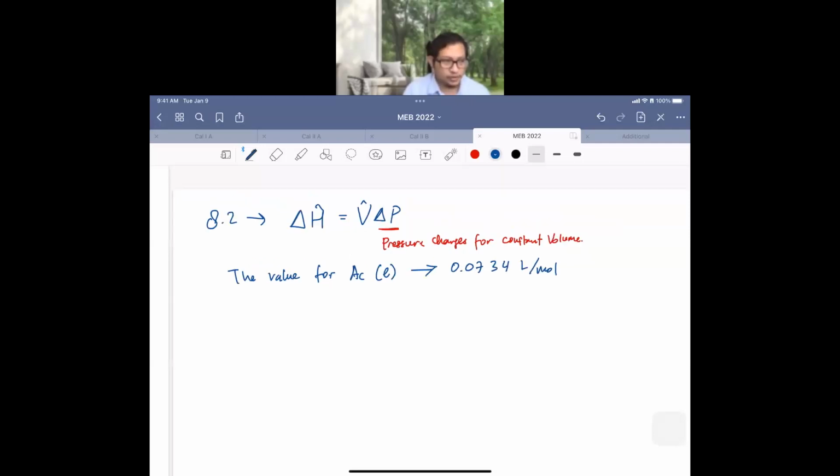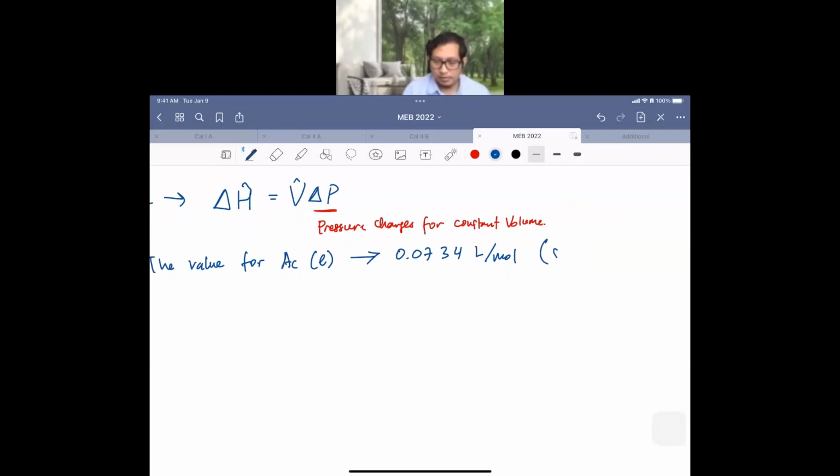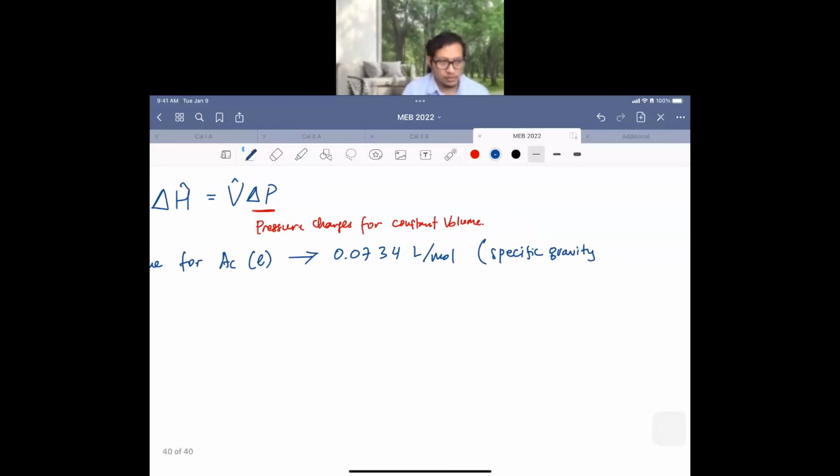This is taken from specific gravity 0.791 in table B1.